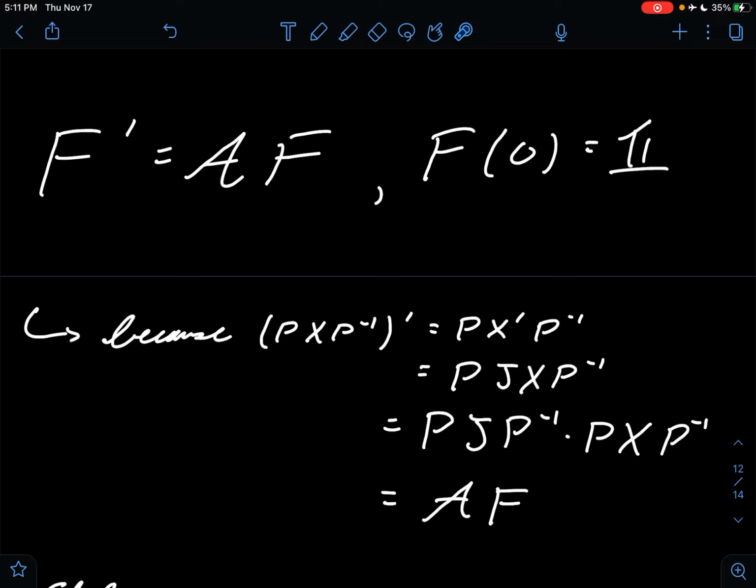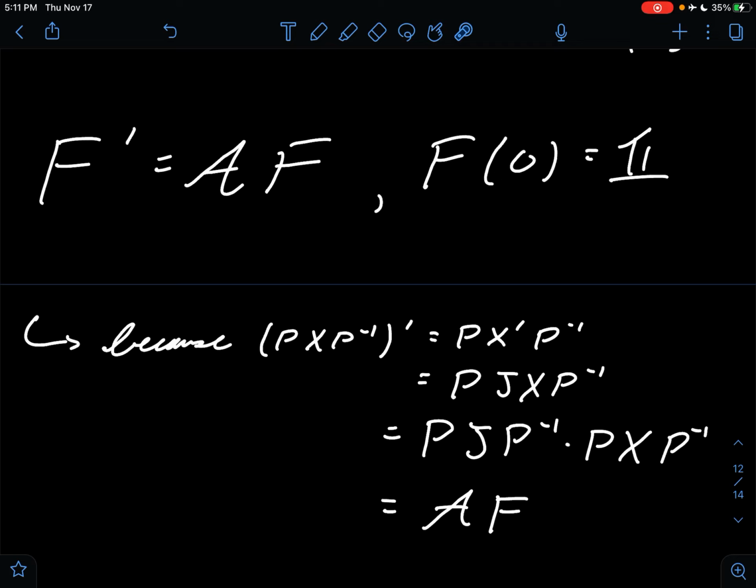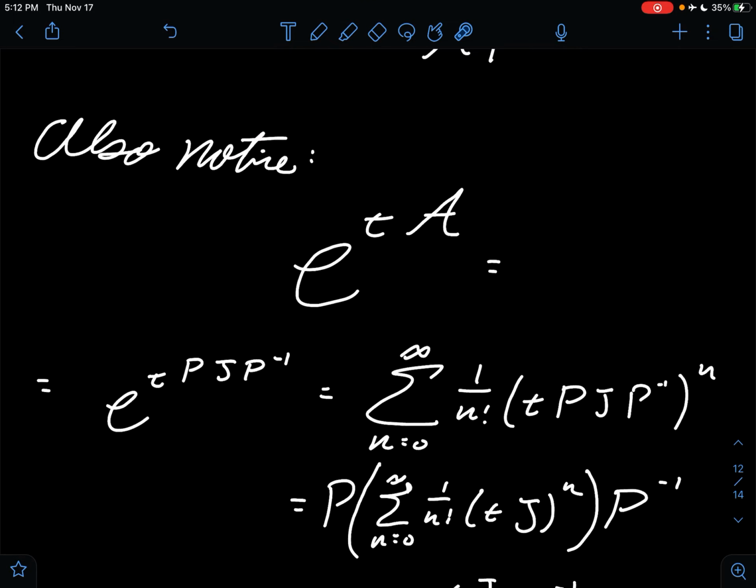So that's true. And also with this initial condition, because if X of 0 is the identity, that leaves us with P times the identity times P inverse, which is also the identity. So F of 0 is the identity.